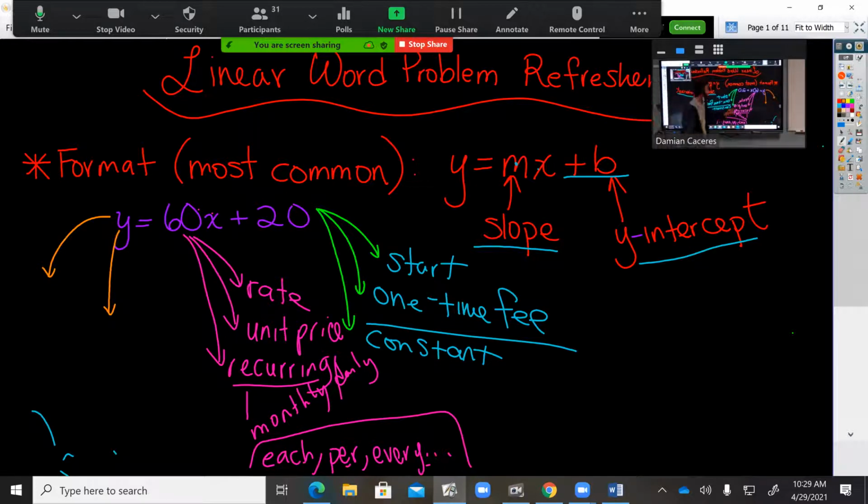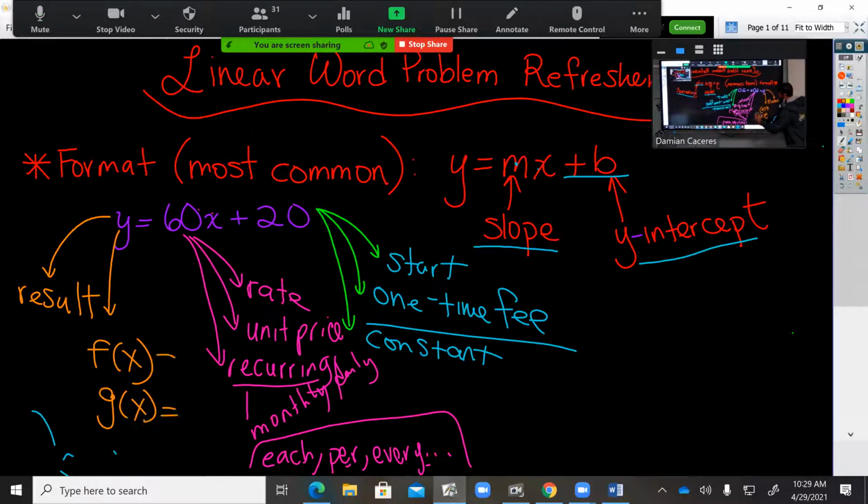And now the last one is the y value. The expression part of the equation is on the right side, 60x plus 20. Solving that is going to give me y. So that tells me that y is always the result. Now, just in case you don't see a y, it could also be written as f of x or g of x.